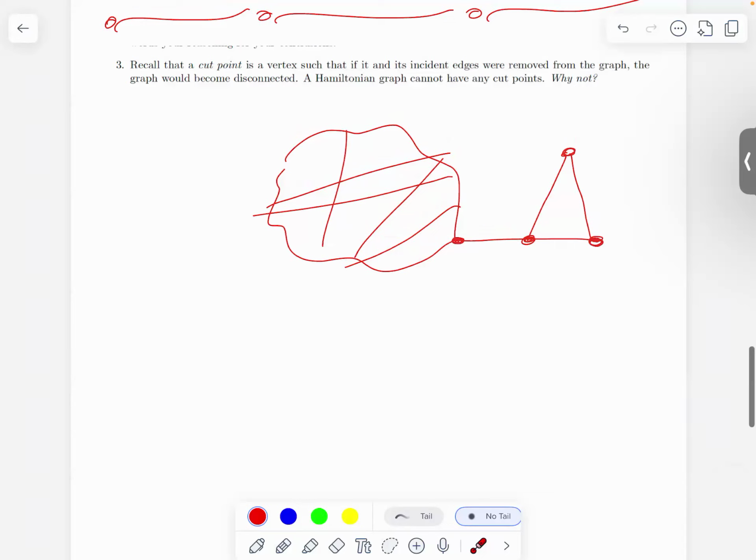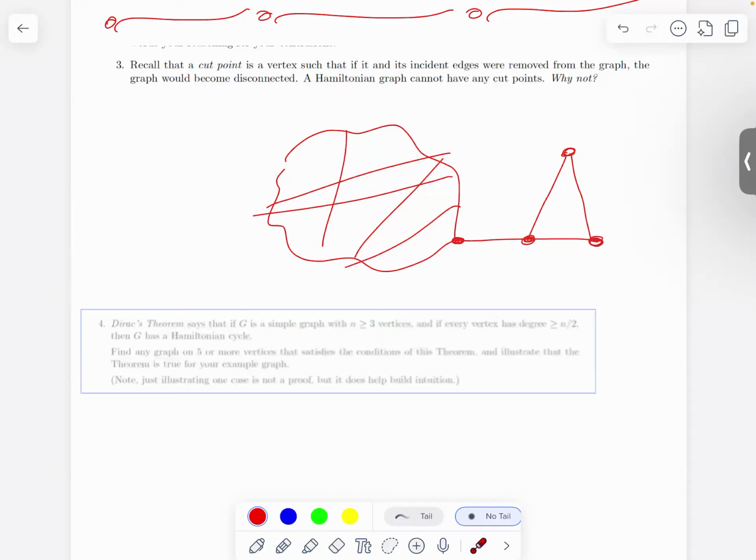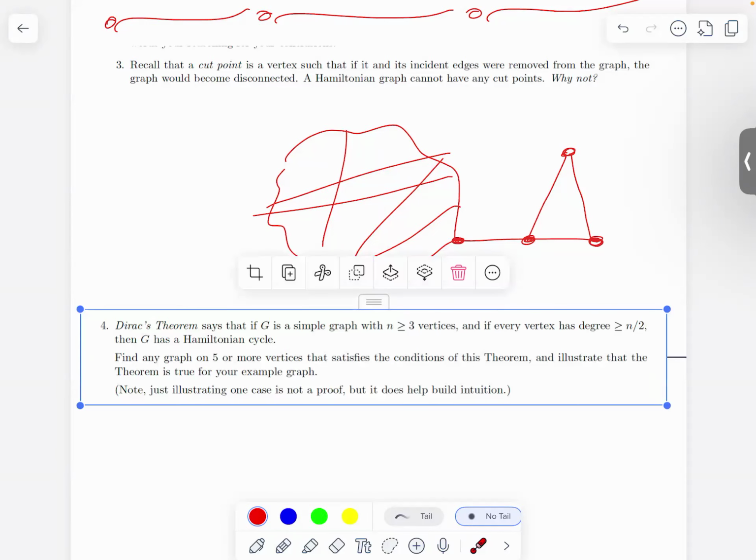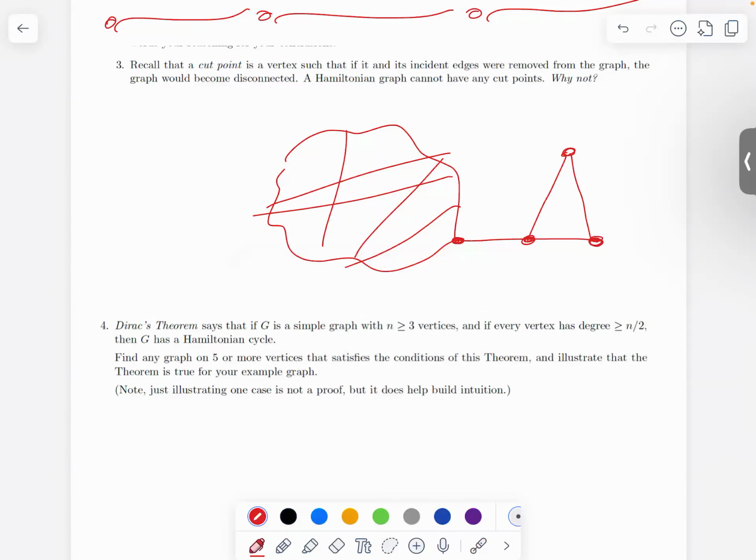And there is something about the Hamiltonian graph. You know, it's very easy to understand the Eulerian graph. There is a good criteria for that.